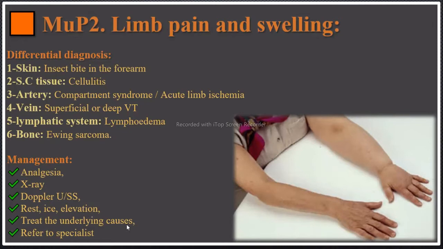Treat the underlying cause, whatever. If you find it's insect bite, treat. Cellulitis, treat. Compartment syndrome, treat. Venous thrombosis, whether superficial or deep, treat. Sarcoma, treat. And refer to specialist according to the underlying cause. I think it's clear now.